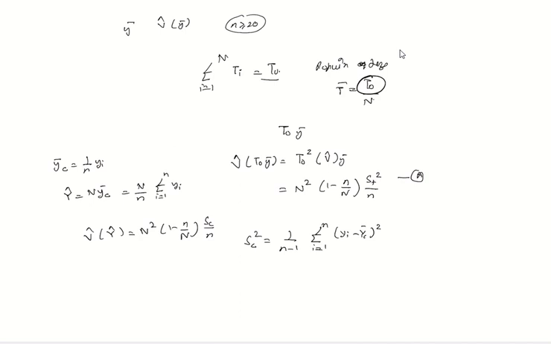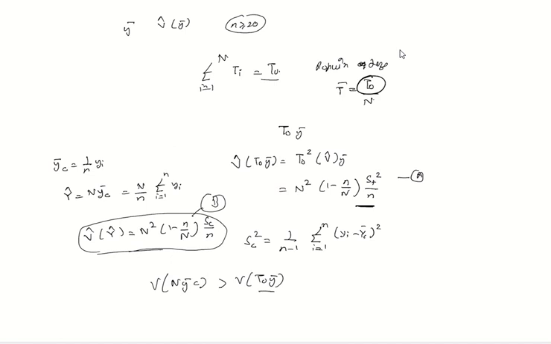Now if cluster sizes vary greatly, then this equation is B. If the cluster sizes are very different, then the variance in B is going to differ from the variance in A, or the variance of N y c bar is going to differ from the variance of t y bar.